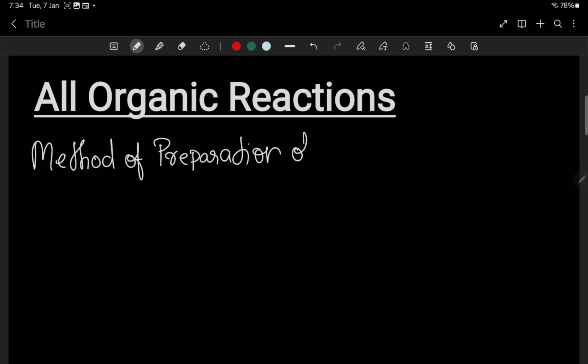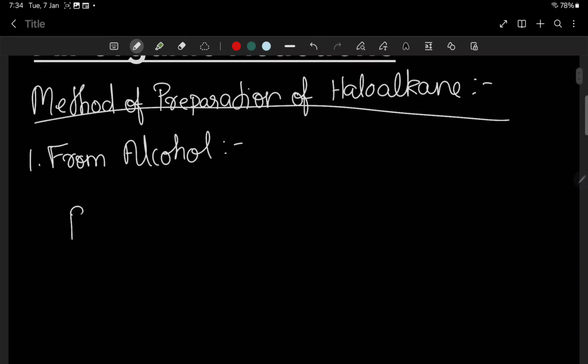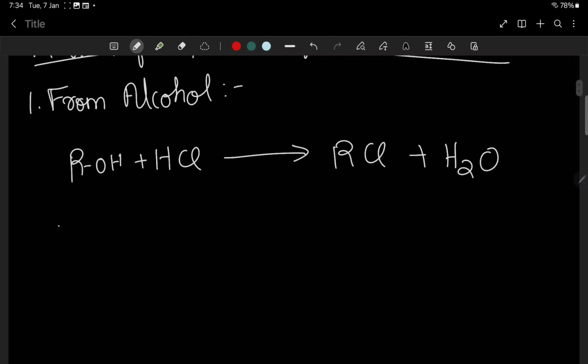The main method of preparation of haloalkane is from alcohol, that is ROH plus an acid gives RCl plus H2O. This is the most important, and here rearrangement is possible.